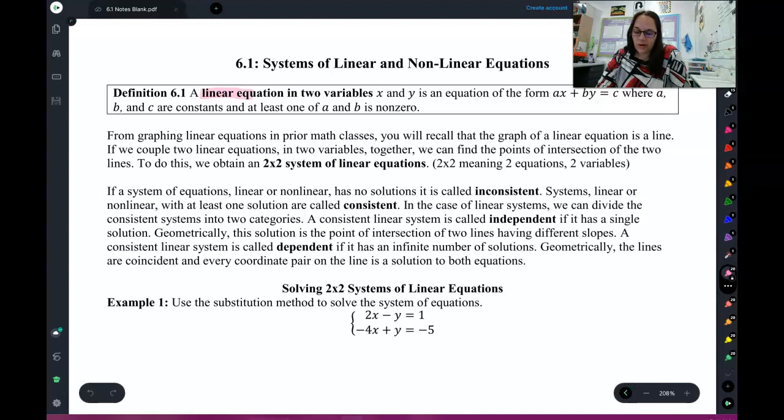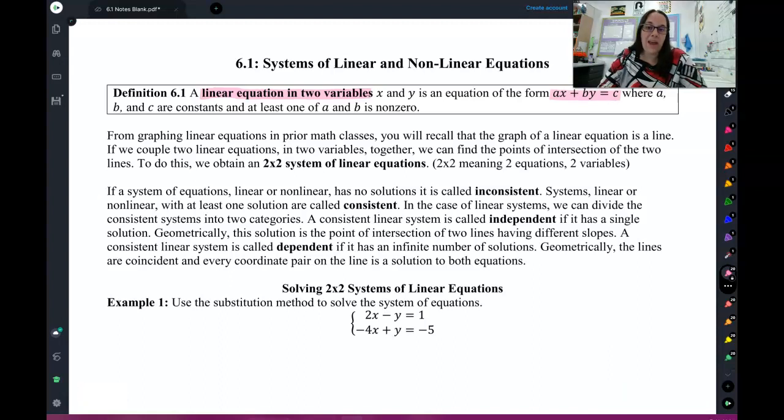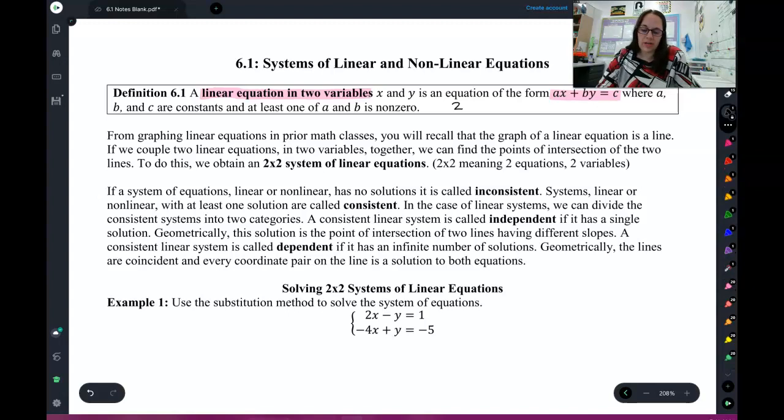A linear equation in two variables is an equation that looks like this: ax plus by equals c, where a, b, and c are constants or numbers, and at least one of a and b is non-zero. So basically we're talking about equations like 2x plus 5y equals 7.